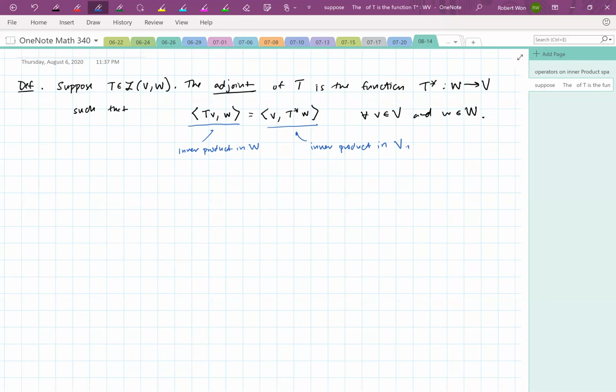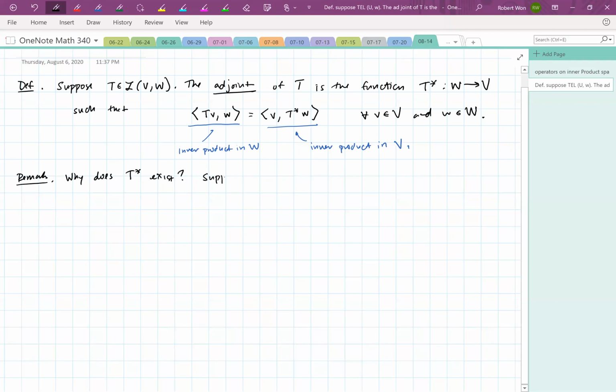How do you know that there is going to be a vector T star w that satisfies this property? And so why does T star exist? Okay, well, let's see that it does.